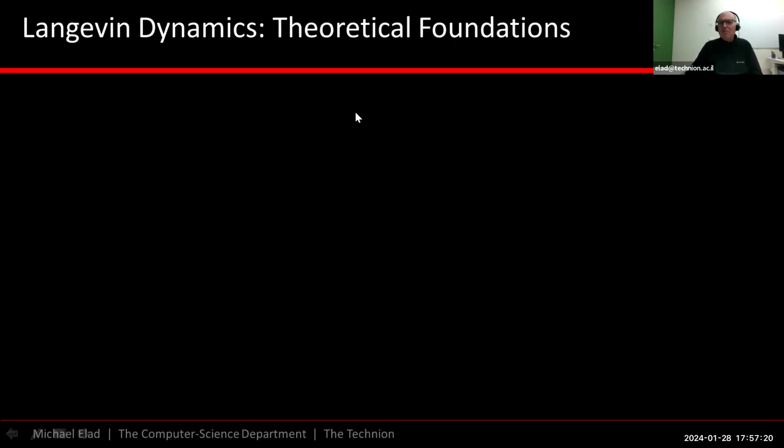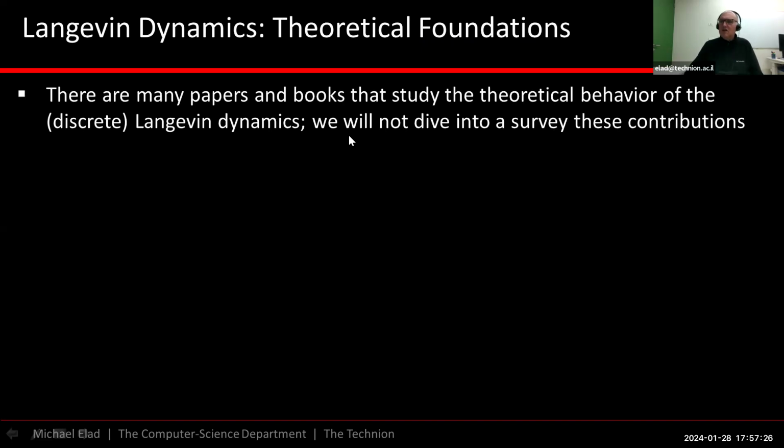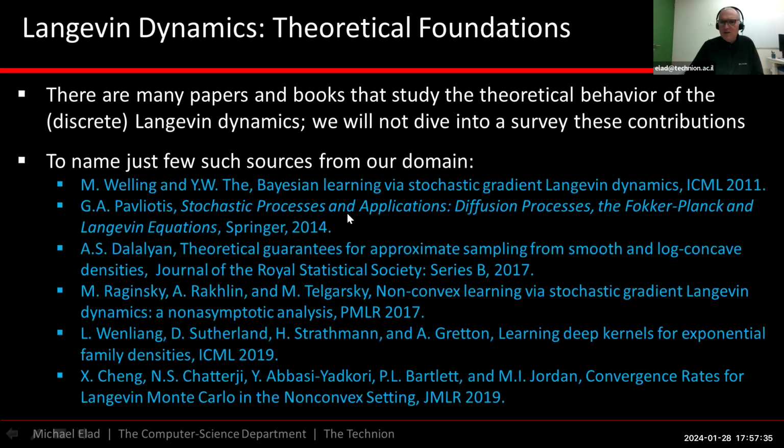So I want to talk briefly about theoretical foundations. We discretized the SDE. Now the question is, can we trust the discretization to still give us fair samples? Turns out that this question was discussed in the literature in the past 10, 15 years. Look at the papers from 2011, 2014, 2017, 2019, in ICML, JMLR, in the machine learning literature.